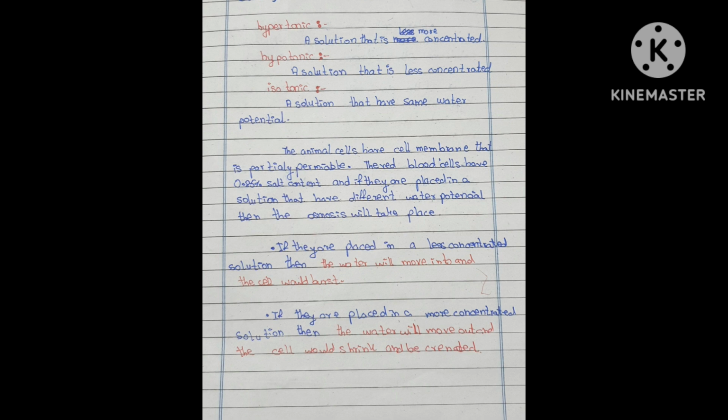So if they are placed in a solution that is isotonic to them, having 0.85% or near to that salt content, then there will be no movement of water in or out of the cell, and the red blood cell will maintain its shape. But if they are placed in a solution that has a different water potential, then osmosis will take place and the water will either move into the cell or out of the cell. In both cases, what is going to happen is really interesting, and that's what we're going to study.